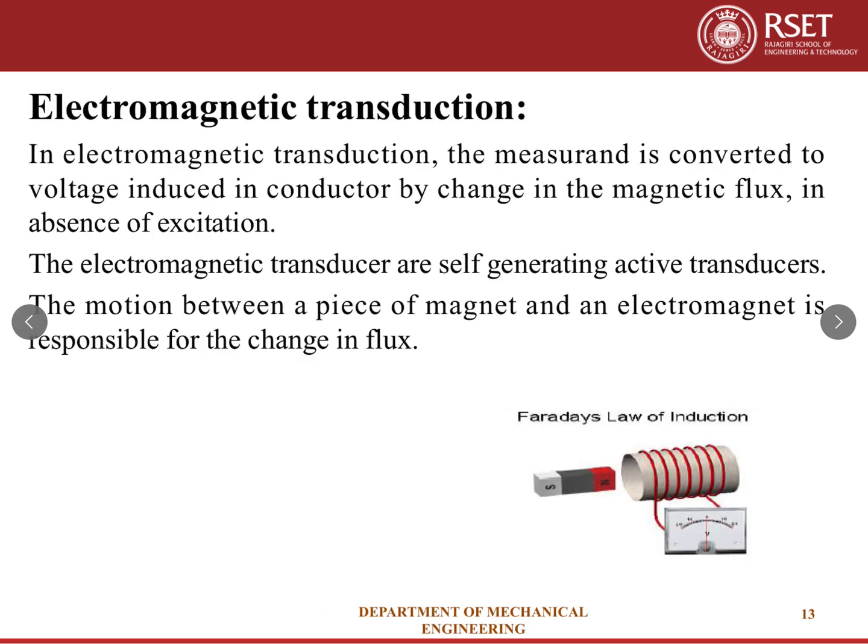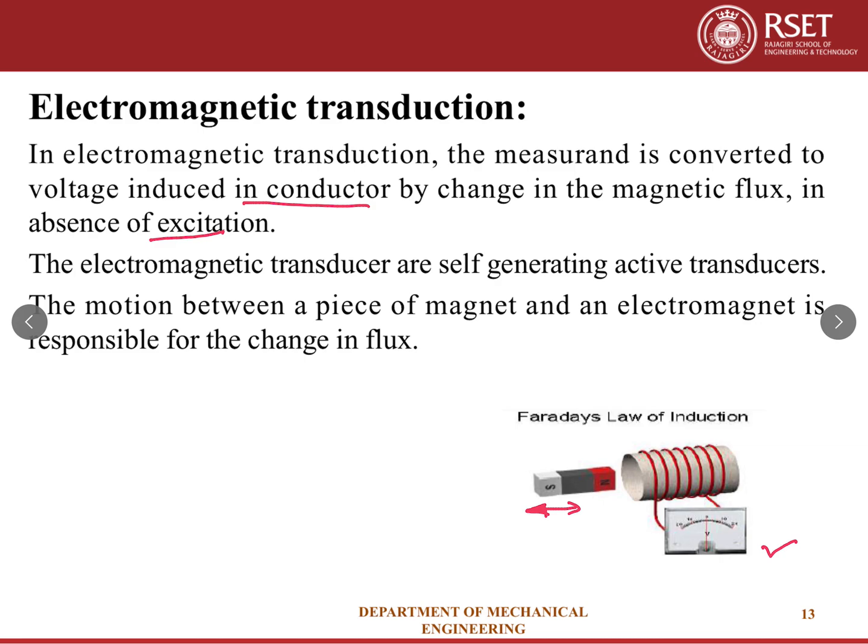Then we have electromagnetic transduction. In electromagnetic transduction, the measurand is converted to a voltage induced in a conductor. The displacement of this magnet induces a voltage in this coil that is detected by a voltmeter. So the voltage is induced in the conductor by changing the magnetic flux, in the absence of excitation. There is no excitation here.